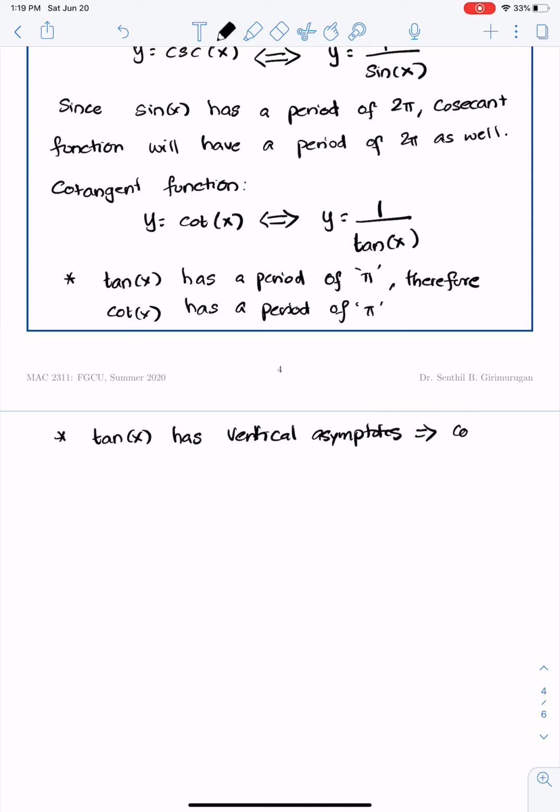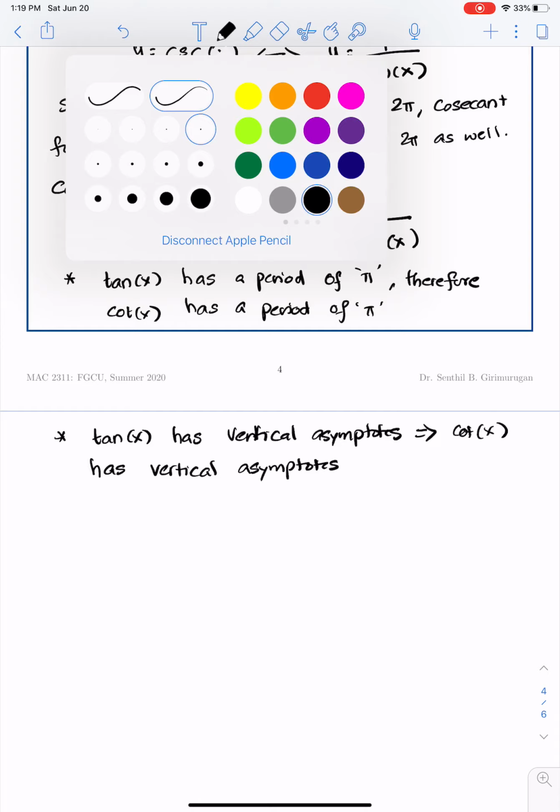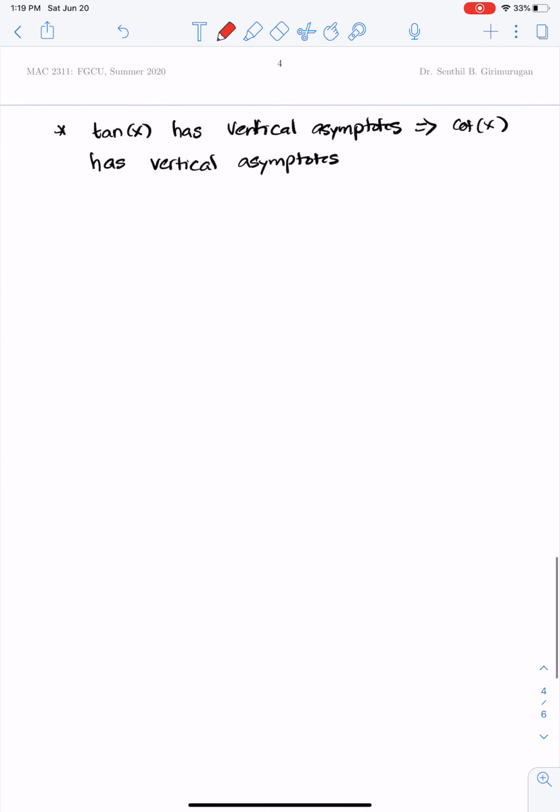This would mean cotangent function also has vertical asymptotes. This is an important remark.